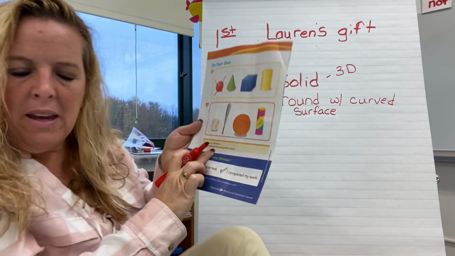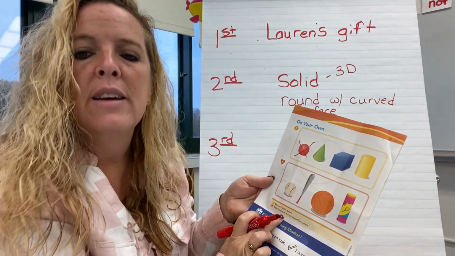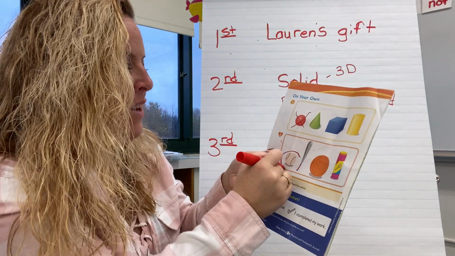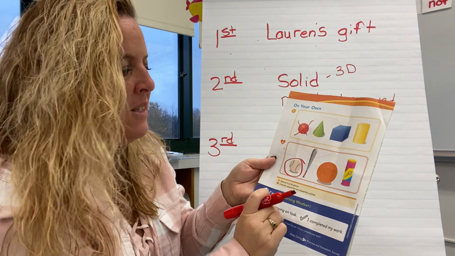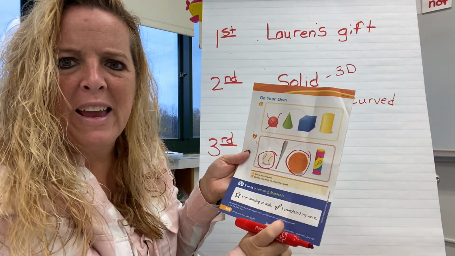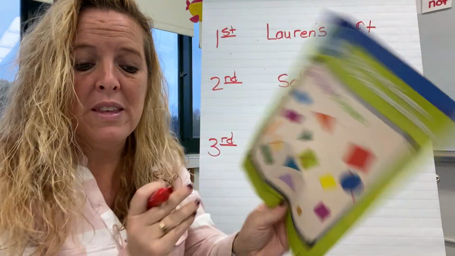So I think I'm going to be circling more than one because it didn't say circle the object. It says circle the objects. So, I see a sphere here. Nope, not a sphere. Sphere. Nope. What would that one almost be like? Cylinder. You got it.